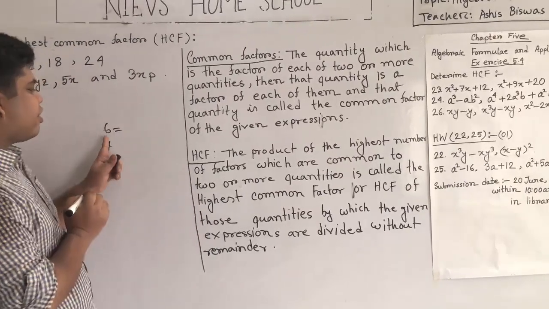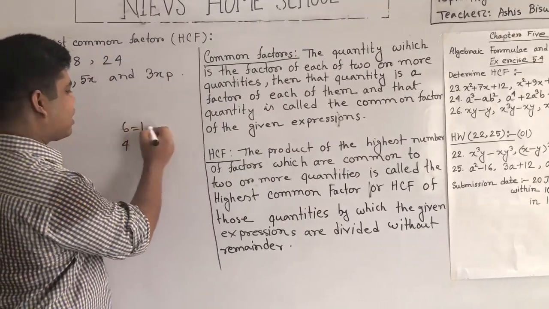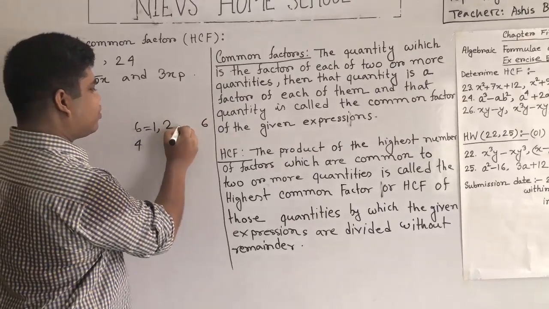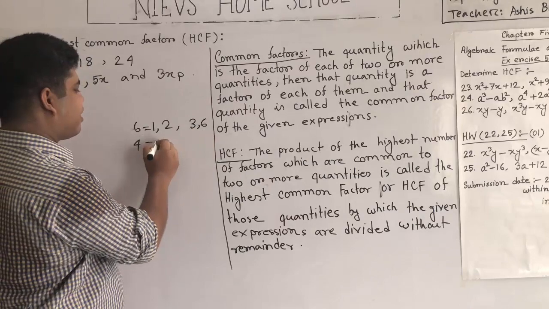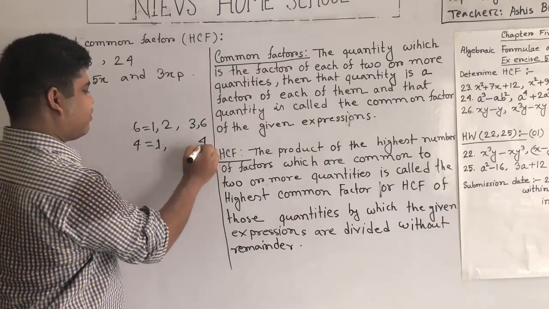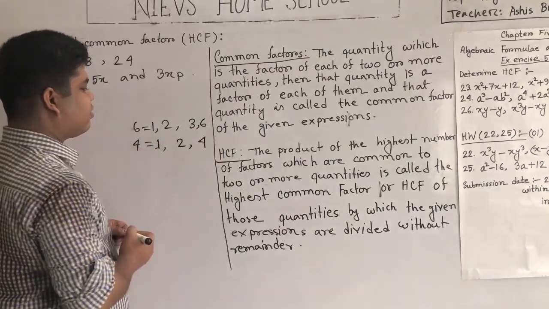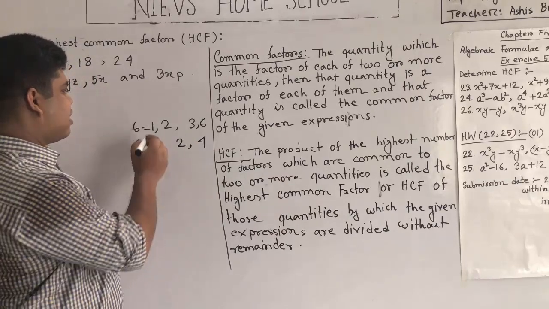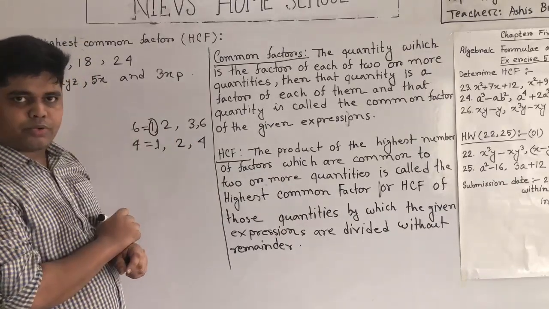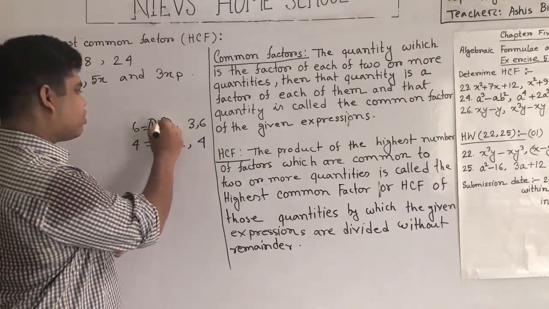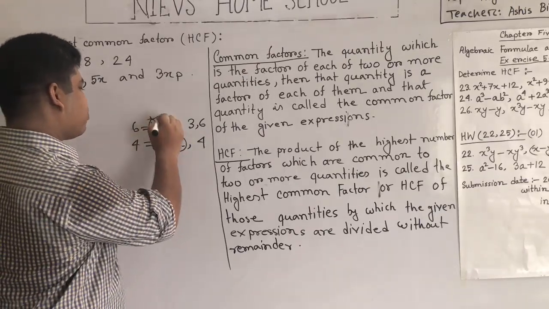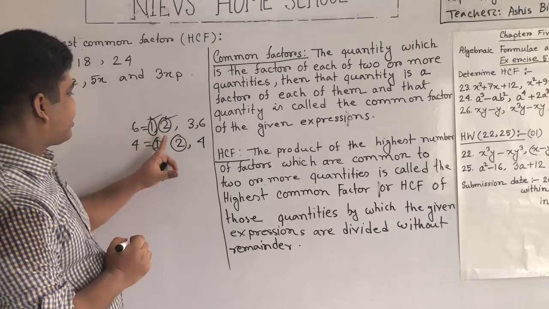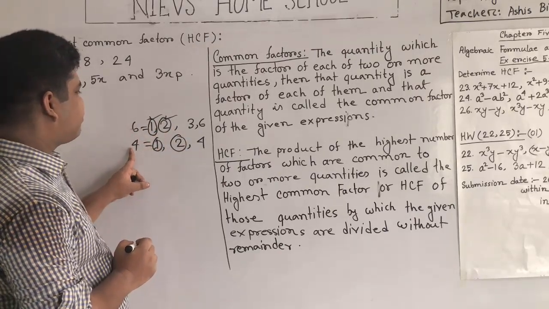The factors of 6 are 1, 6, 2 and 3, and the factors of 4 are 1, 4, and 2. Students, notice 1 and 2 are common, so 1 and 2 are the common factors of 6 and 4.